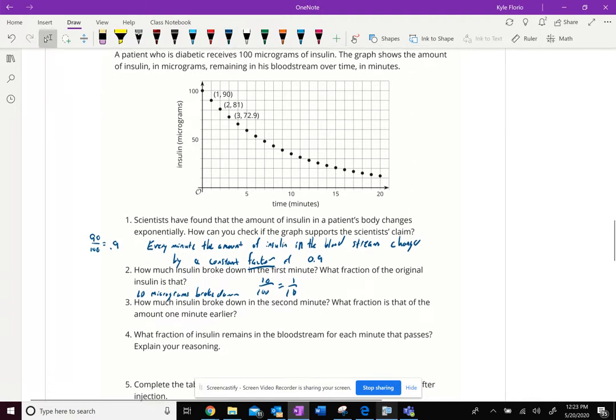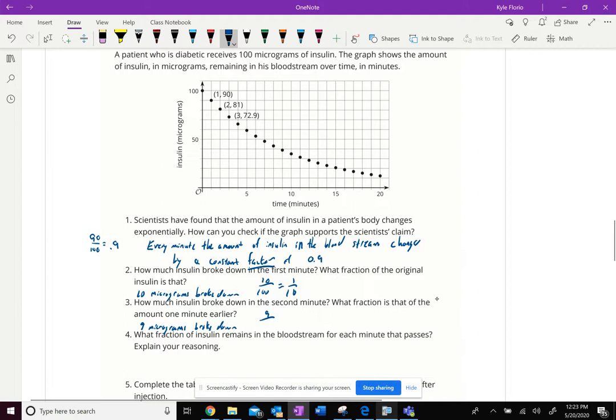How much insulin broke down in the second minute? What fraction is that amount from 1 minute earlier? In the second minute, we went from 90 to 81. So 9 micrograms broke down. What fraction is that? That's 9 out of the 90 we started with from the previous minute.